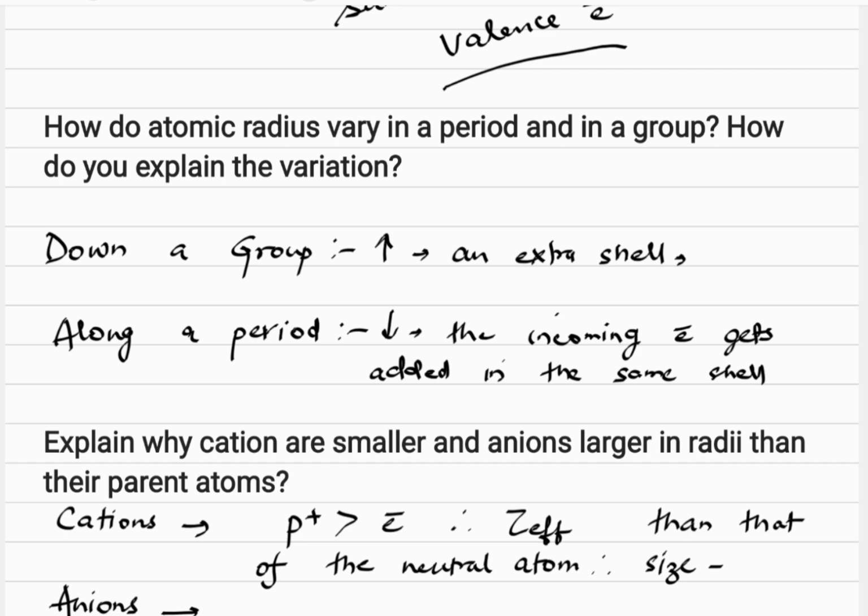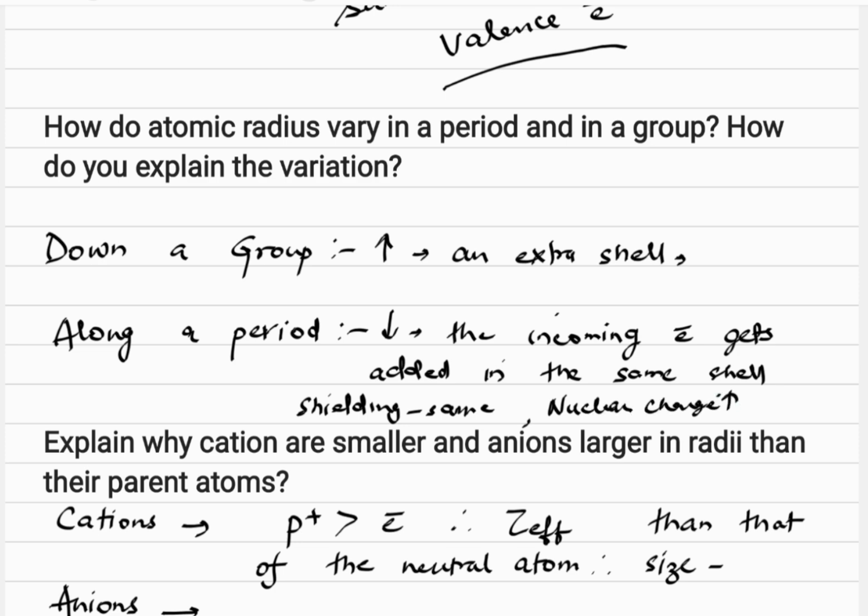Therefore the inner electrons also remain the same. If the number of inner electrons remains the same, that means the shielding is the same. Shielding doesn't change much. But the number of protons increases as we move along the period. Atomic number increases, therefore the number of protons increases. That means nuclear charge increases.